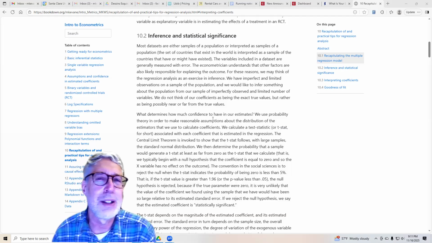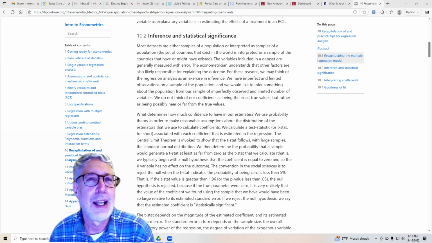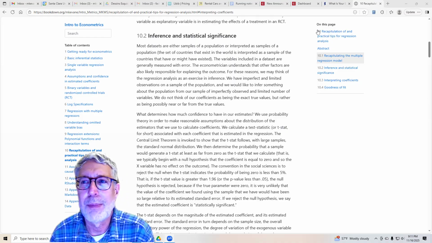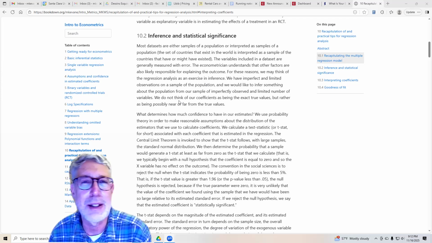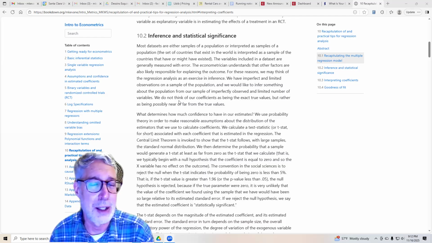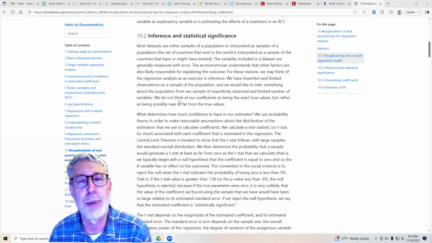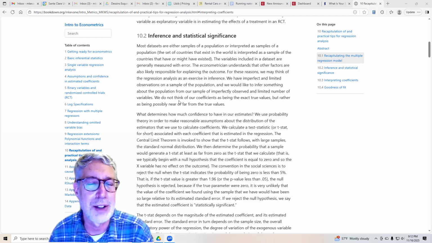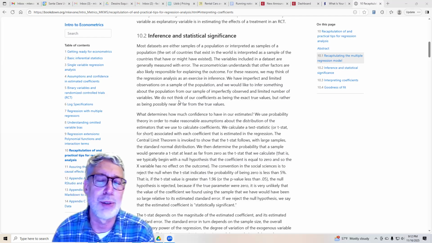And then we calculate a t-statistic, and the t-statistic is the difference between our estimated coefficient and our null hypothesis, divided by the standard error. Because the estimated coefficient by the central limit theorem follows the normal distribution, the t-statistic follows the standard normal distribution.